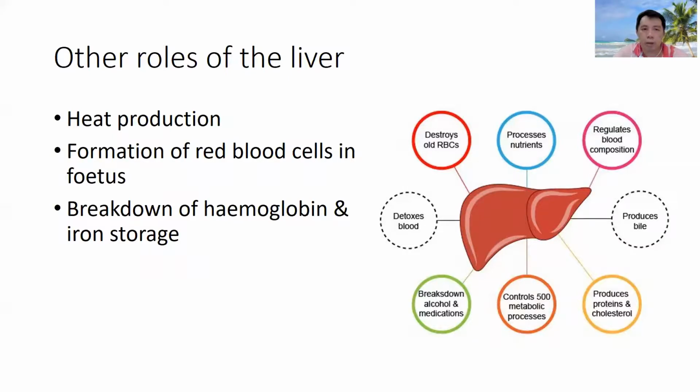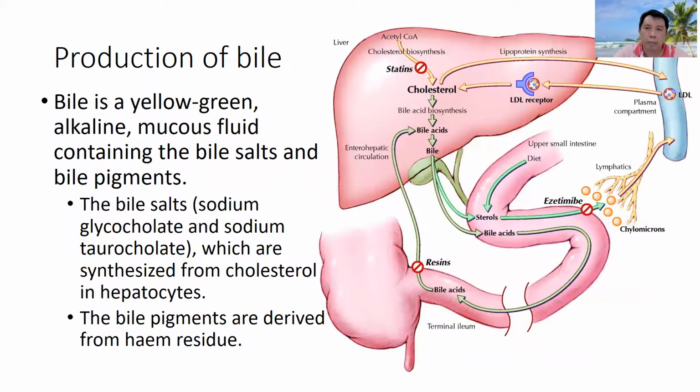And formation of red blood cells in the fetus: during the fetal stage, the red blood cells are produced in the liver. And also the breakdown of hemoglobin and iron storage in adults, after birth, after the baby delivery.